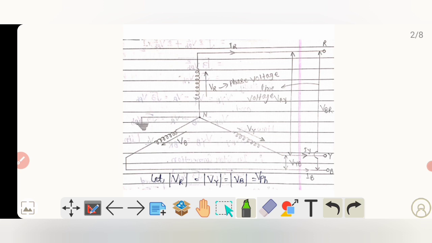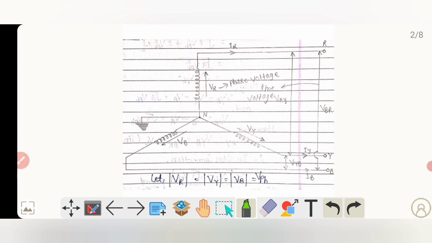This one is the R phase, this one is the Y phase and this one is the B phase. Here we have denoted the phase voltage and line voltage. As we know, the voltage between line to line is known as line voltage, and the voltage between one line and neutral is known as phase voltage.